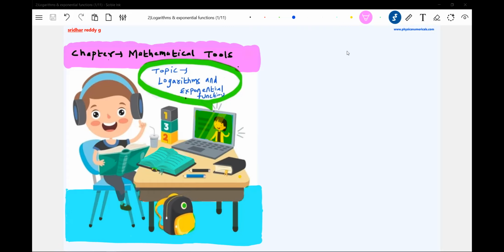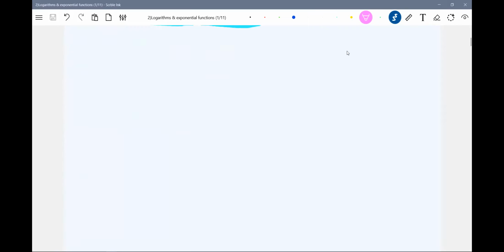So good morning once again. Our class is about logarithms and exponential functions. As you know, we have already plotted the graph for y equal to e to the power of x. Let me revise it once again.